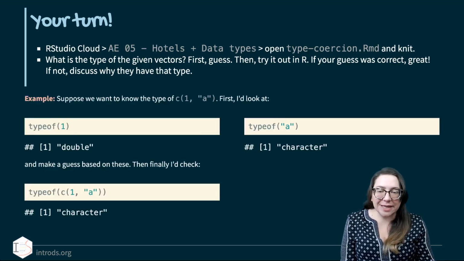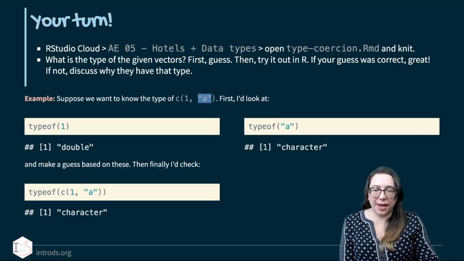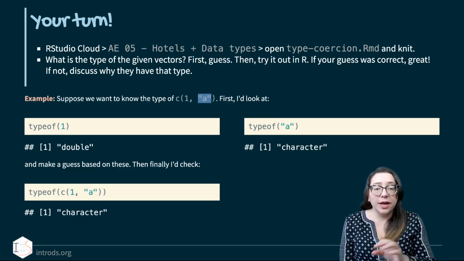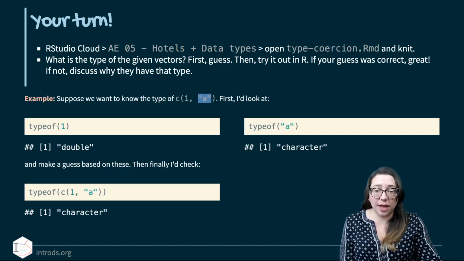For example, suppose I want to know the type of a vector that has 2 elements in it. One of them is the number 1 and the other one is the character string A. If I was working through this application exercise, I would first check the types of these 2 elements. The type of 1 is a double and the type of A is a character.